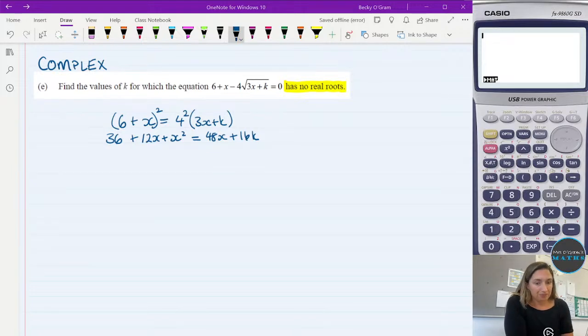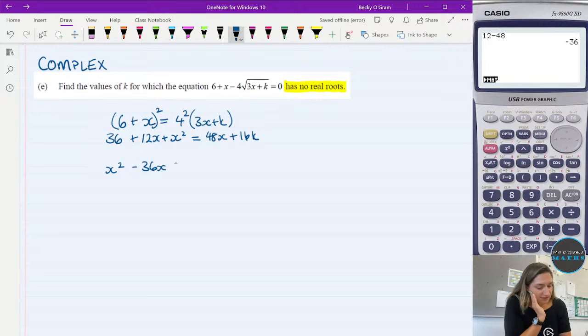Now, rearranging that so that it's a normal looking quadratic, we're going to get everything over to the left hand side. So that will give us x squared. We can take the 12 and minus the 48 for the x's, and that's a minus 36x.